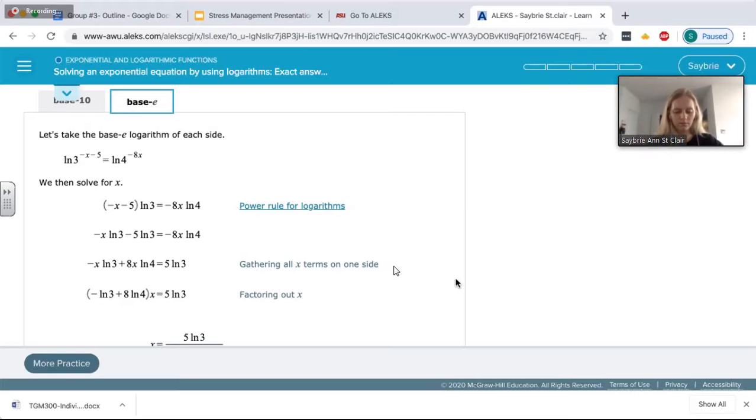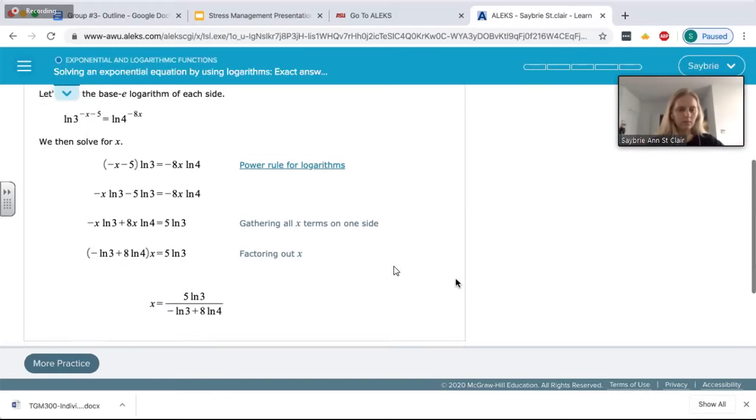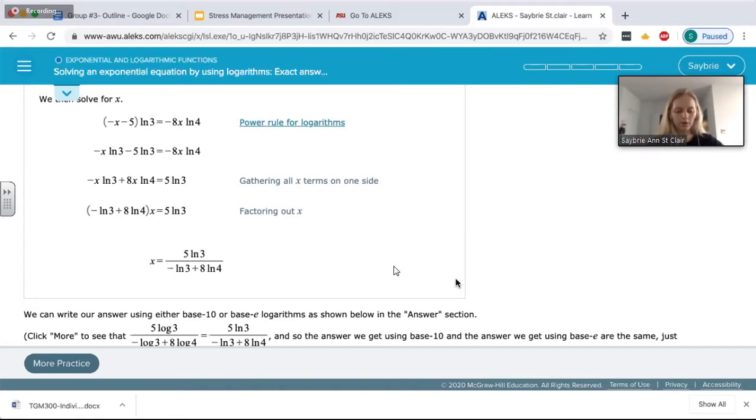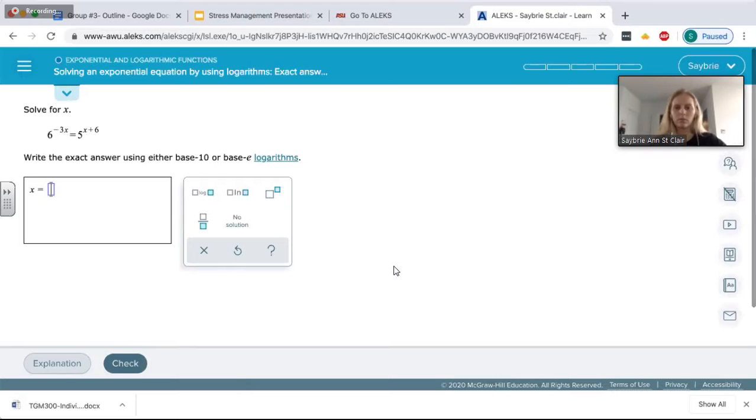Should be pretty straightforward using those log rules we've been using. Negative 3x equals 5 to the x plus 6.